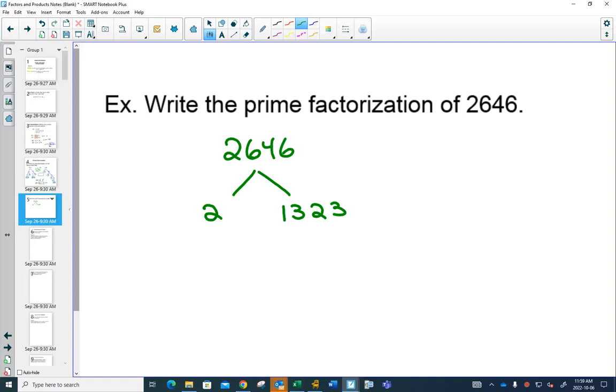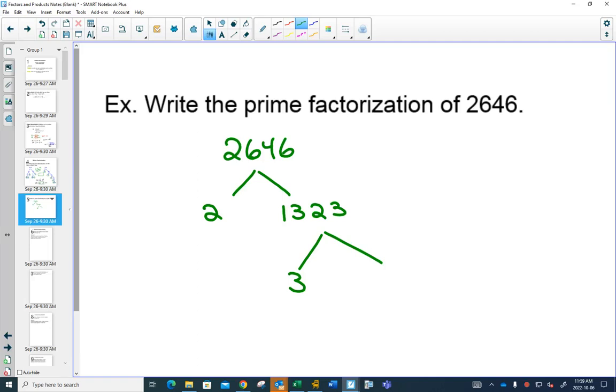Three times what equals that? 3 times 200 will give you in the 600s, so it's probably more than something in the 200s. Is it going to be in the 200s, 300s, 400s, 500s, 600s? 400s. How do we know?